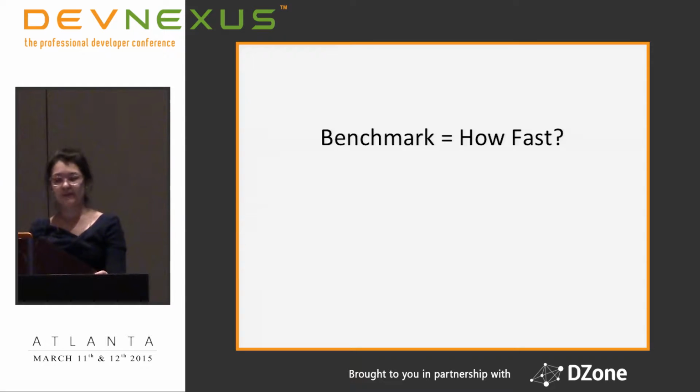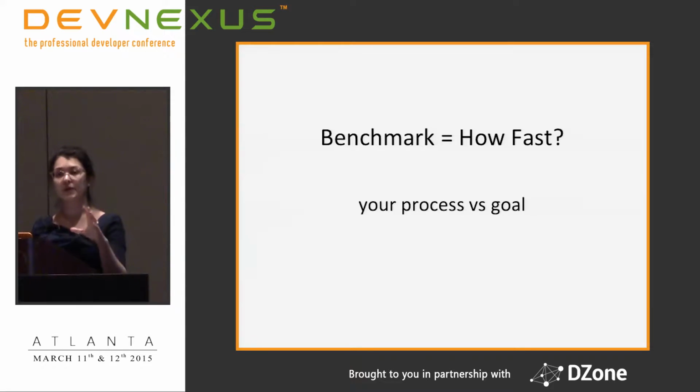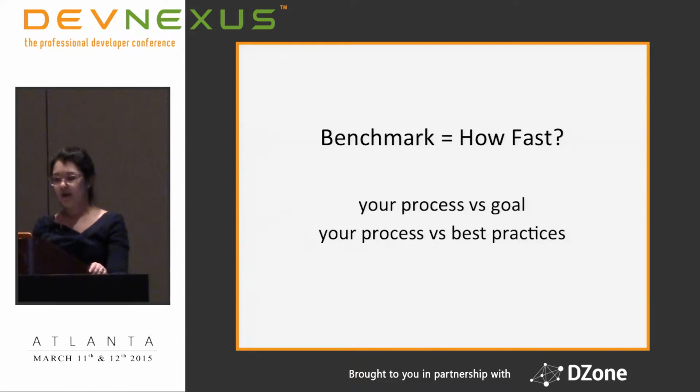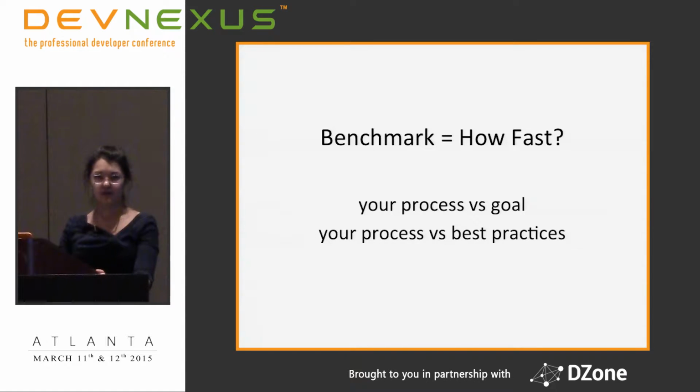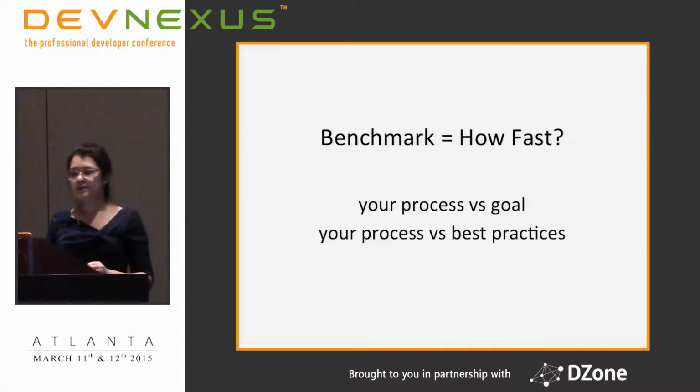In business, benchmarking is when you compare your process to a goal, or when you compare your process to industry best practices. So why does the business definition matter in this case? Well, because when we set up benchmarks, we focus not only on performance, but also on what the performance goal is. How fast is fast enough so that your users are happy and your bills on the infrastructure are kept low?